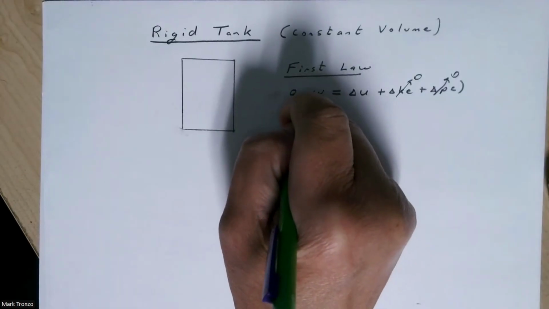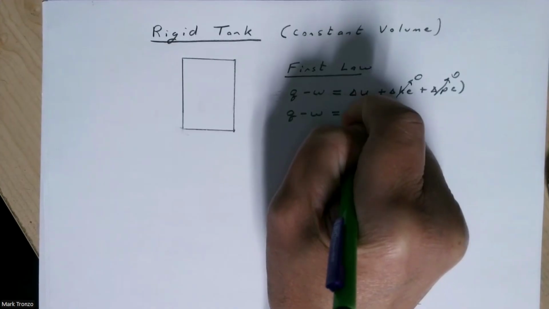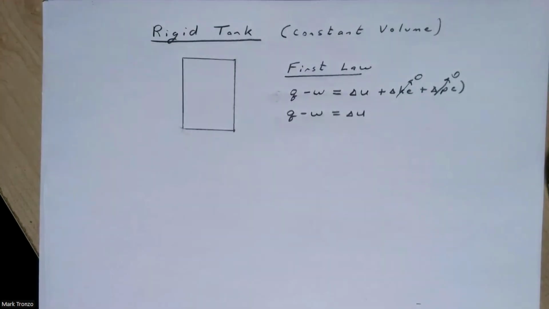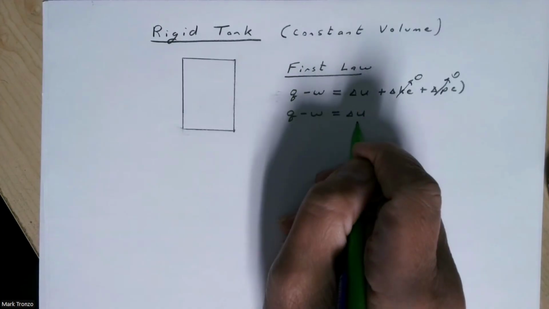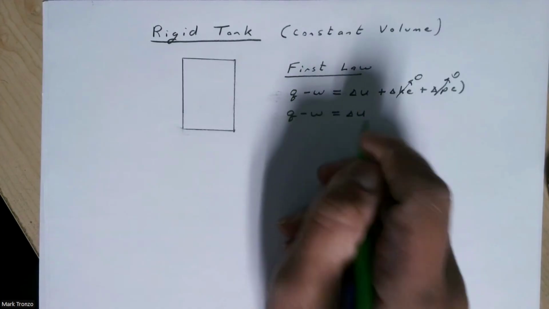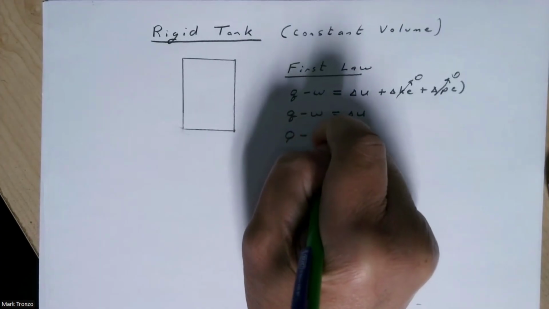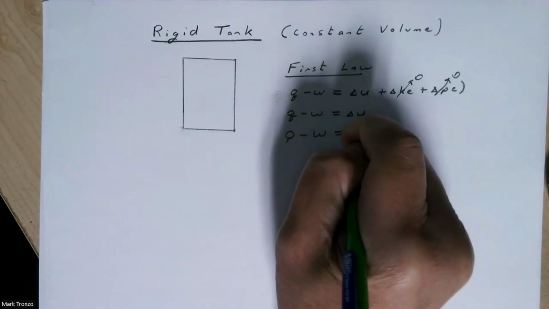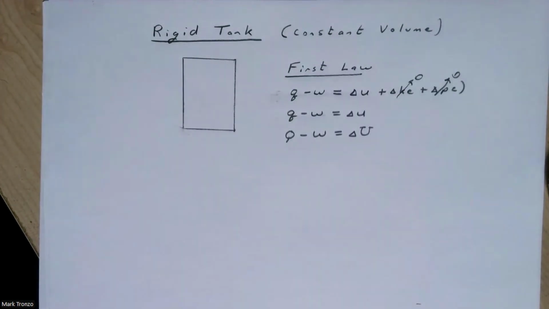So we're going to end up with this on a per mass basis. Now, if we multiply through by the mass, we're going to end up with Q minus W is going to be the change in internal energy.